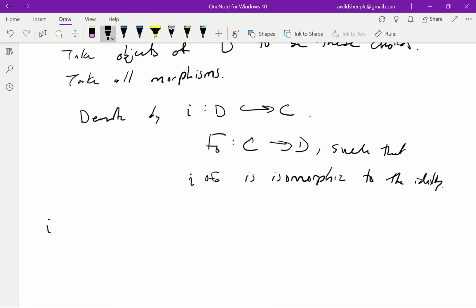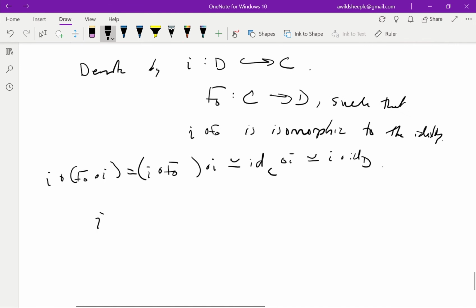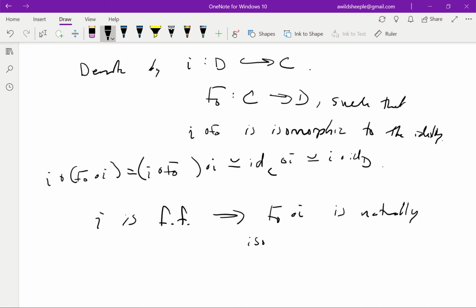We have I composed with F0 composed with I. This is just I of F0 composed with I. But this is isomorphic to the identity on C composed with I, which is also the same thing as I composed with the identity on D. And I is fully faithful by definition. And so it follows from this calculation that F0 composed with I is naturally isomorphic to the identity on D.